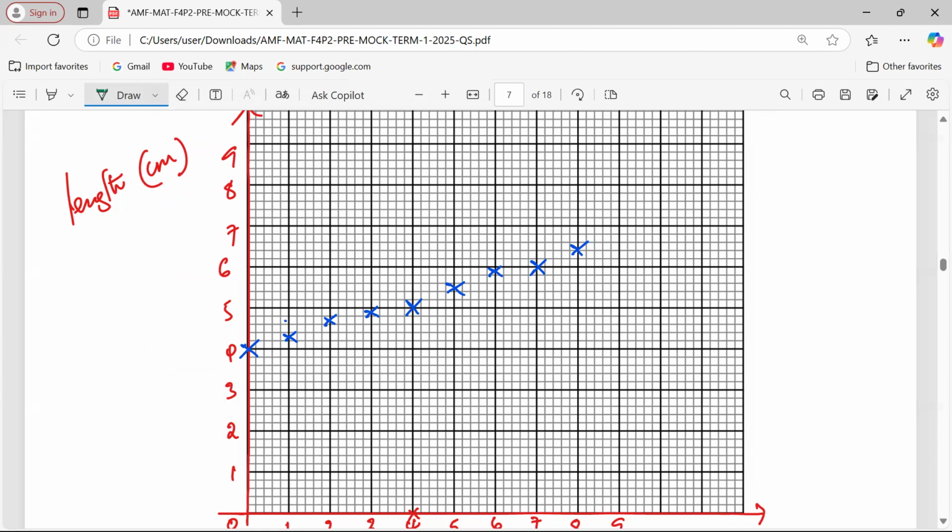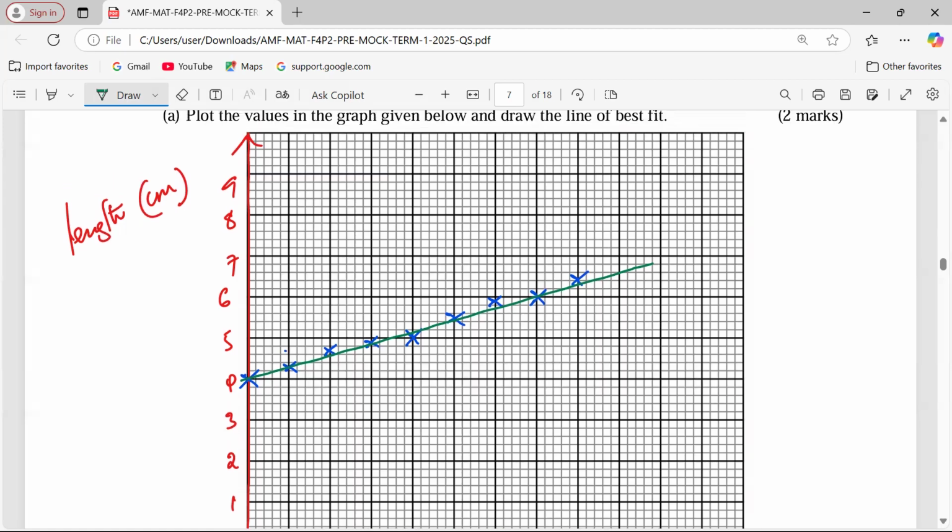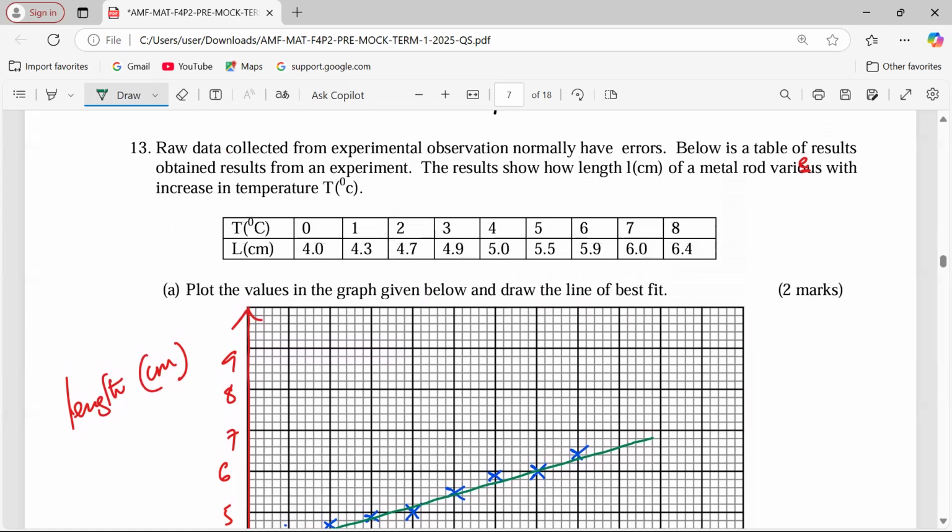I just want to ensure that the majority of the dots are on the line. This is the line of best fit now. A few dots can be below, others above, but the majority are lying exactly on the line. So this is what we call a line of best fit.